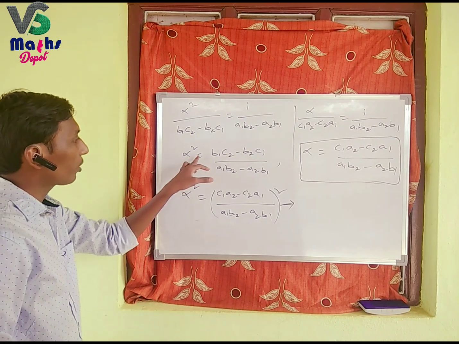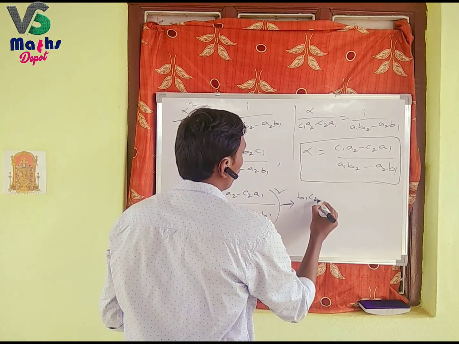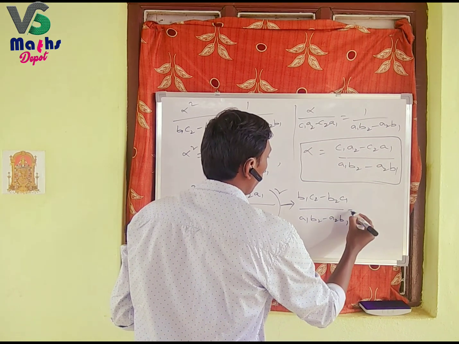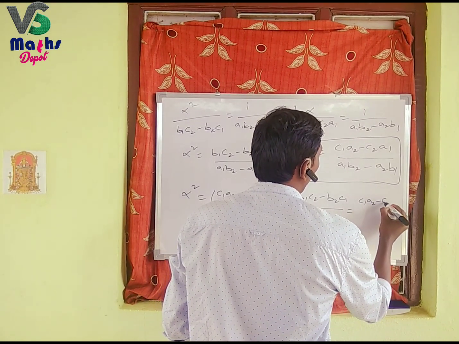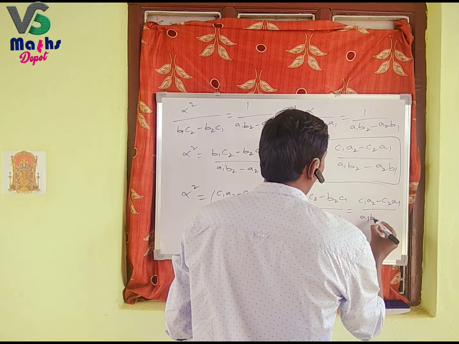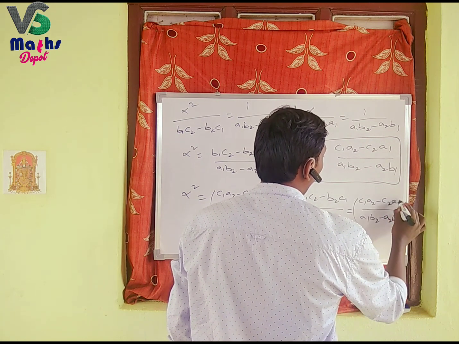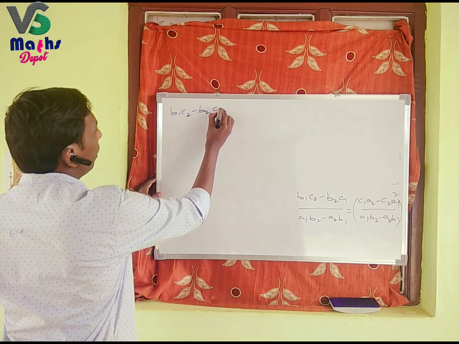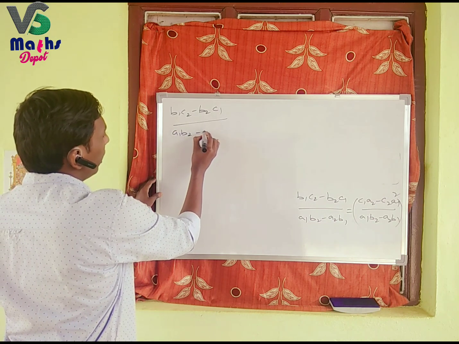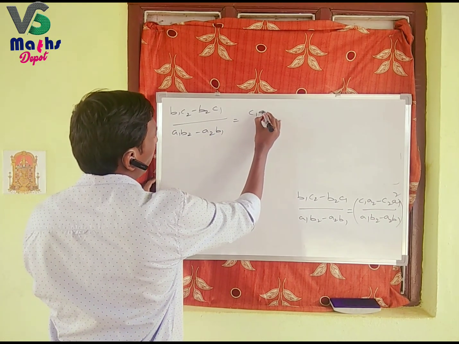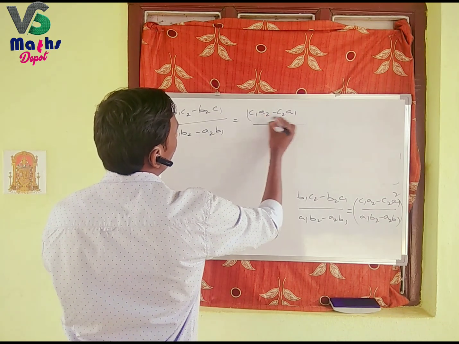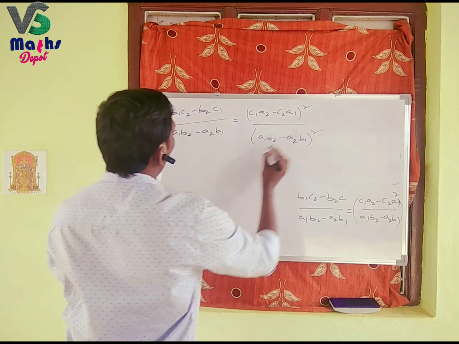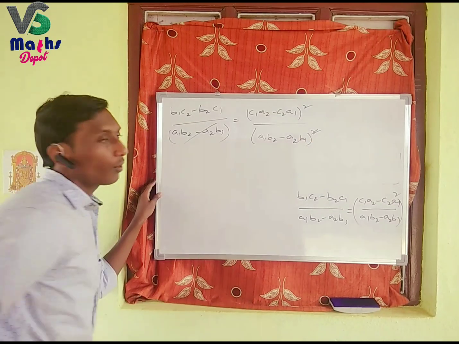Now substituting the alpha square value here, b1 c2 minus b2 c1 by a1 b2 minus a2 b1 is equal to (c1 a2 minus c2 a1) whole square by (a1 b2 minus a2 b1) whole square. Cancelling, the square and this one get cancelled.